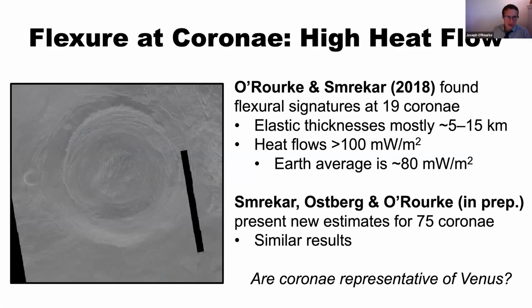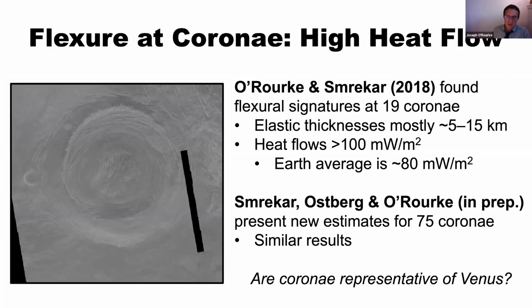And we found flexural signatures at 19 coronae out of about 100 that we looked at, which is about 20% of the total population. And we found that they were associated with very thin elastic lithospheres. So about 10-kilometer thick lithosphere, which corresponds to a heat flow that is over 100 milliwatts per meter squared, which is higher than the average value for Earth.